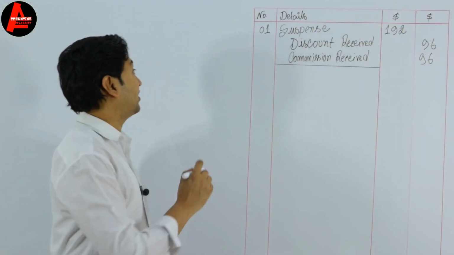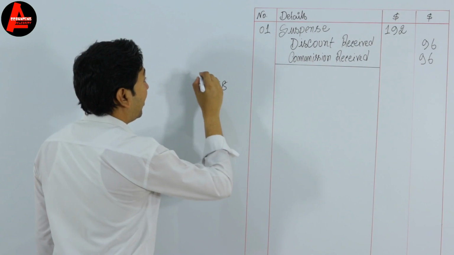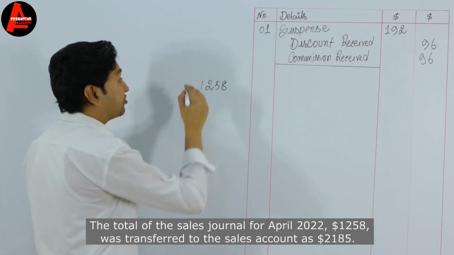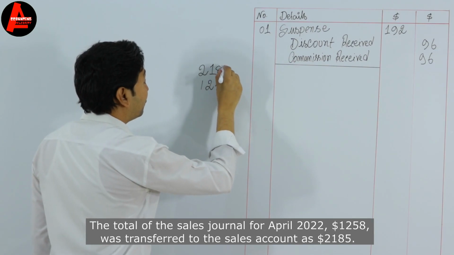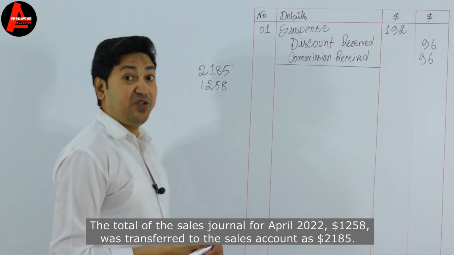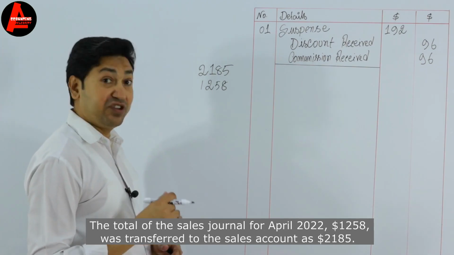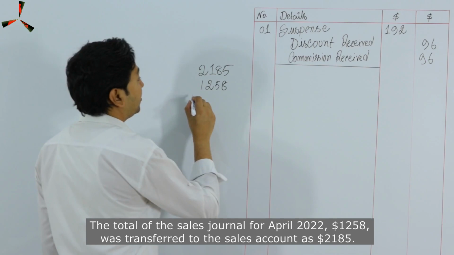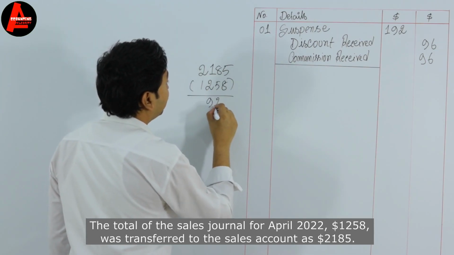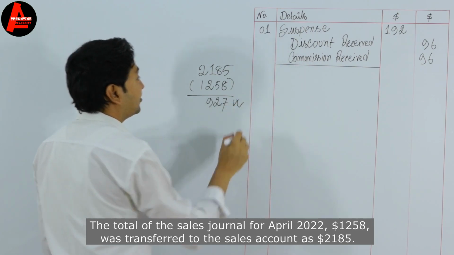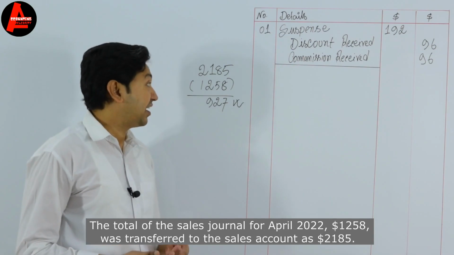It was 1,258, but mistakenly it is written 2,185. So here now sales is overstated, yeah? Sales is written more. How much here? So if we subtract this amount, we get here 927, okay? So this is the amount of sales which is overstated, okay?